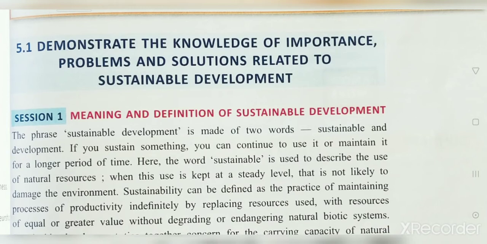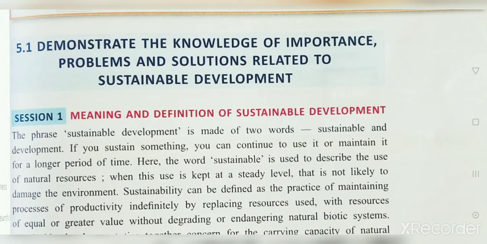When this use is kept at a steady level, it is not likely to damage the environment. Sustainability can be defined as the practice of maintaining productivity indefinitely by replacing resources used with resources of equal or greater value without degrading or endangering natural biotic systems.